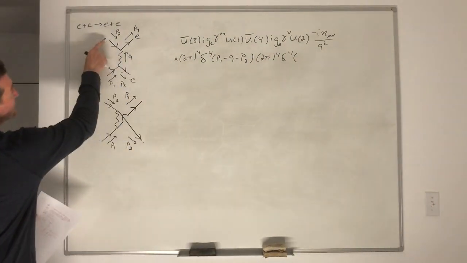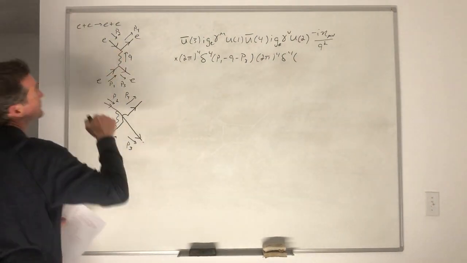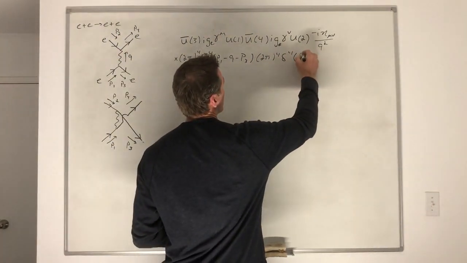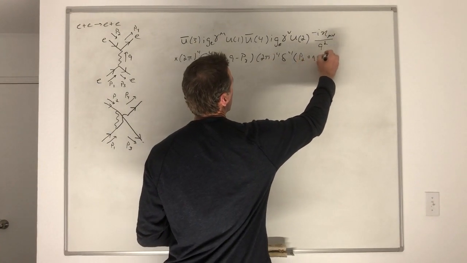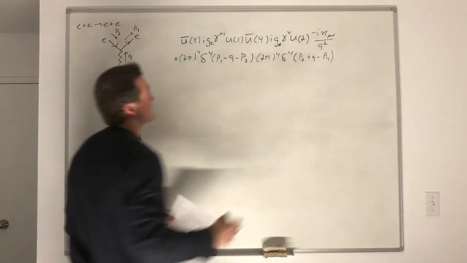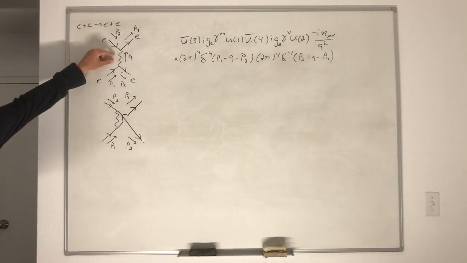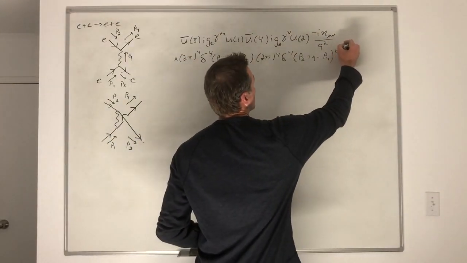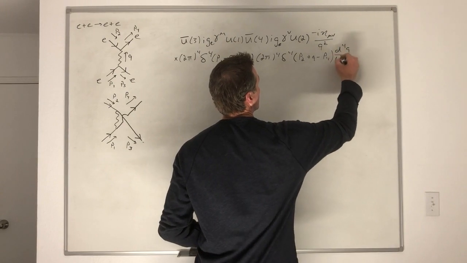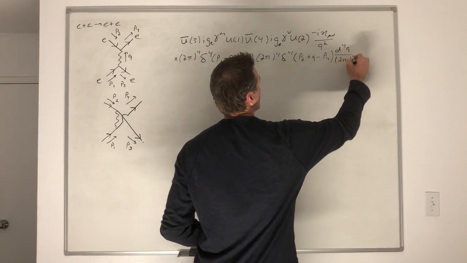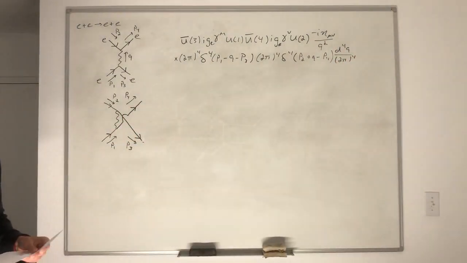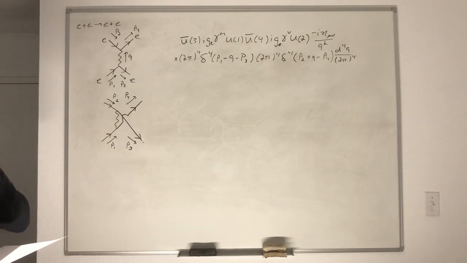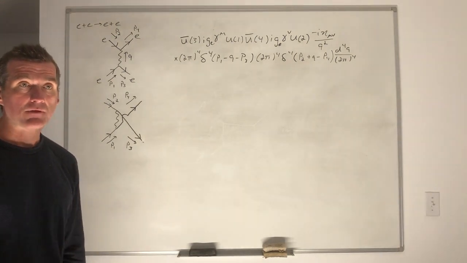And then up here I have P2 coming in, Q coming in, and P4 leaving. And then I have to integrate over that internal momentum. And that's it. Okay?